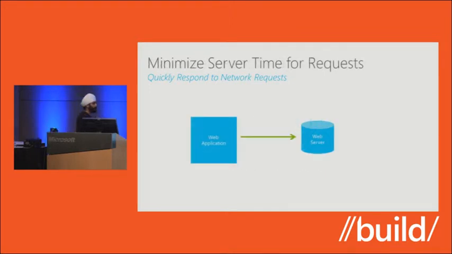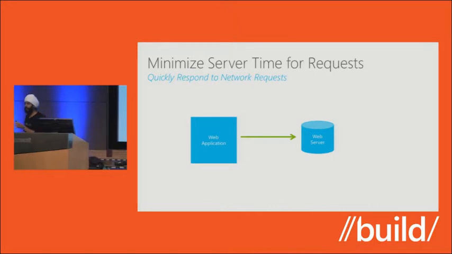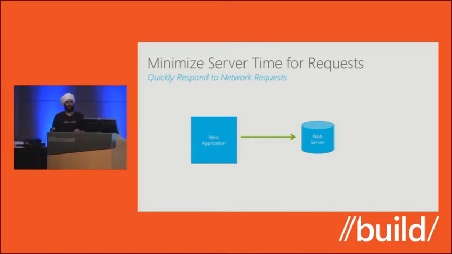Okay, so after we've avoided our redirections, we want to minimize the amount of time spent on the server to get that initial HTML document back down to the user. Now, we want to get that content back to the user as quickly as we can. And oftentimes, when a web application talks to the server, the server has some work to do. And people often forget to measure this.